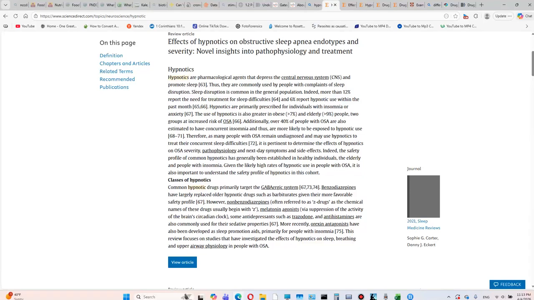Hypnotics are primarily prescribed for individuals with insomnia or anxiety, footnote 67. The use of hypnotics is also greater in obese, greater than 7%, and elderly, greater than 9%, people, two groups at an increased risk of OSA. Footnote 66.